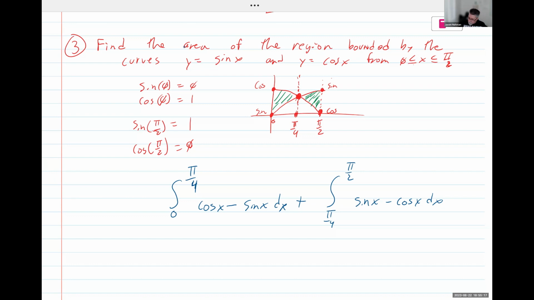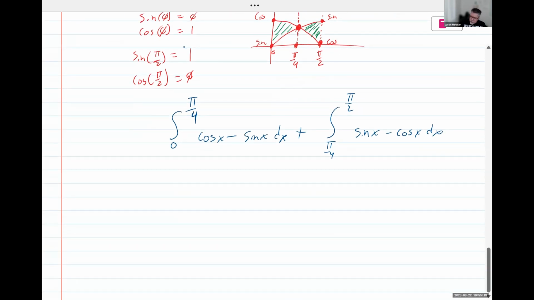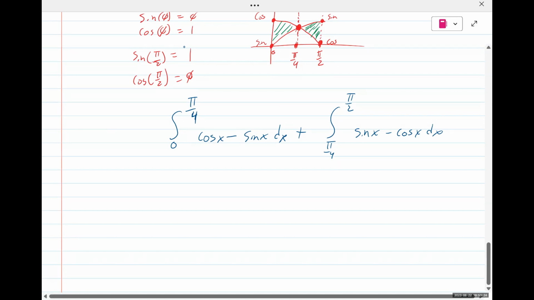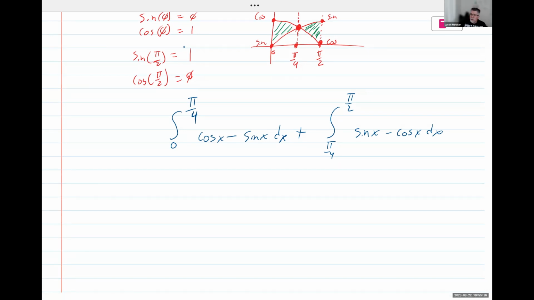Okay, now we're going to integrate. What's the integral of cosine? Negative sine. No, I don't think so. It's positive sine. You're going backwards, right? The derivative of sine is cosine. So the integral of cosine is just positive sine. So sine x minus, and what's the integral of sine x?